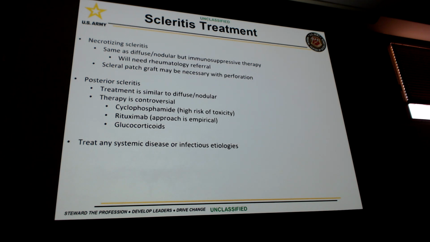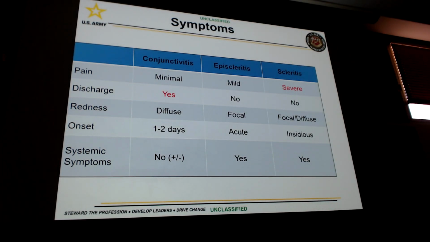Okay, they're going to do more specialized treatments if it's more severe, so necrotizing scleritis is going to get potential scleral grafts, because you can't have a thin sclera. Okay. And then treating any other conditions that may be causing the scleritis to happen. Okay, this next chart, pretty useful.